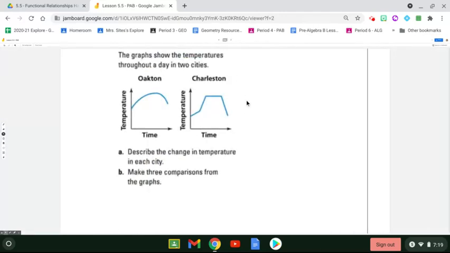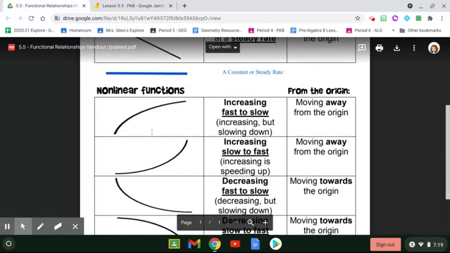All right, let's try another one. This time we're comparing these 2 cities. So again, we're talking about the comparisons of temperature. Okay, so let's split the graph into a bunch of different sections that we see. So again, I see maybe 2 different. So for Oakton, I see an increase, and it looks more like this one, right?